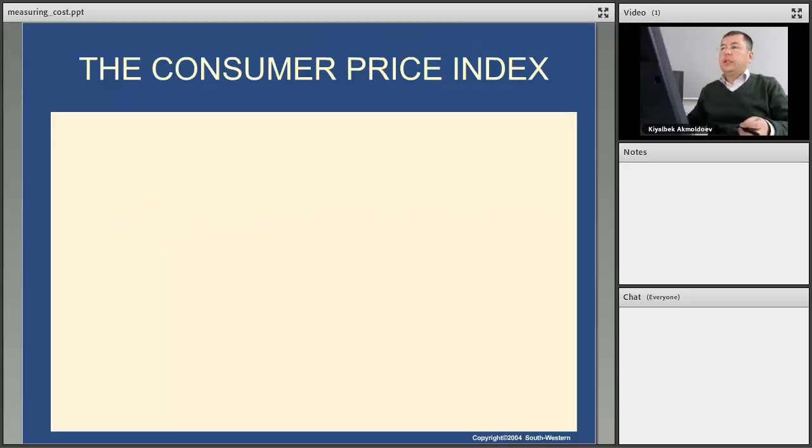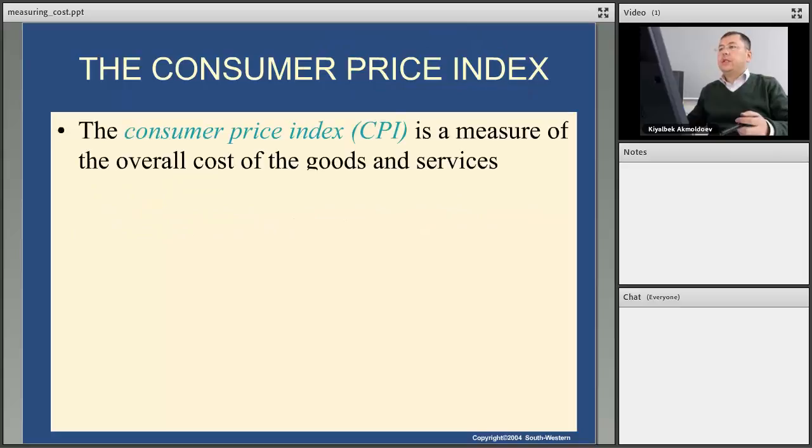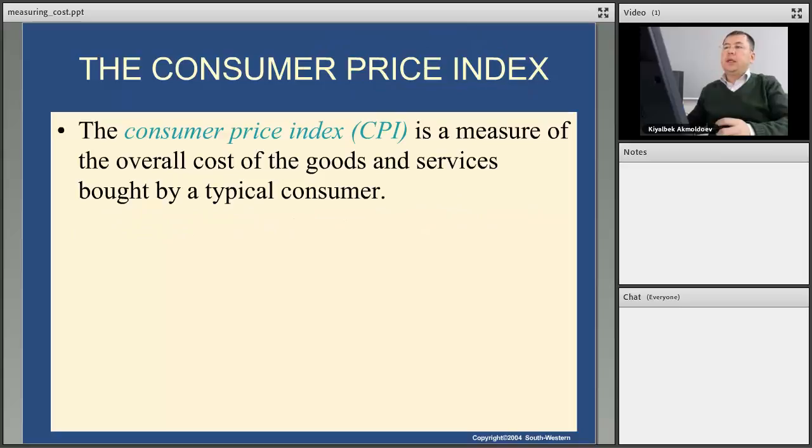To calculate cost of living, we use the consumer price index, or in short, CPI. What is CPI? The consumer price index is a measure of the overall cost of goods and services bought by a typical consumer.